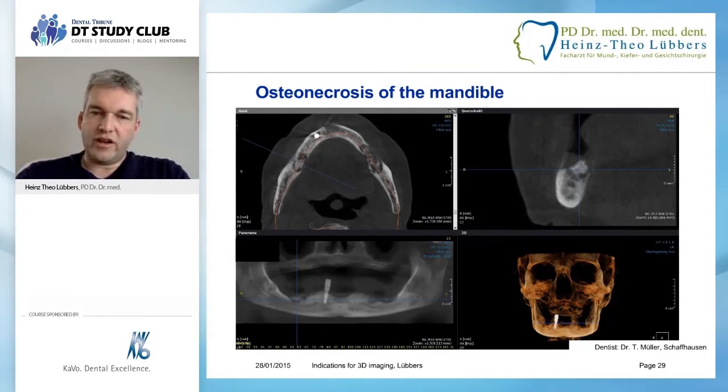It's quite widely accepted that in cases of bigger surgery for osteonecrosis of the mandible, you want 3D imaging. Normally in 2D imaging, the amount of osteonecrosis and the severity of the situation is always underrated.